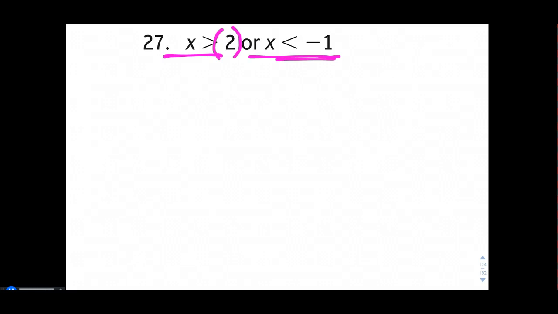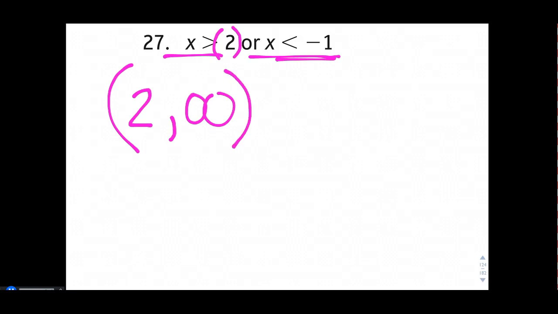So do I write the 2 first or the positive infinity first? I write the 2 first because 2 is smaller than infinity. Do I put a bracket or a parenthesis on 2? Why is it a parenthesis? Because it's not equal to. Do I put a bracket or a parenthesis on the infinity? Why? Because it's always a parenthesis.